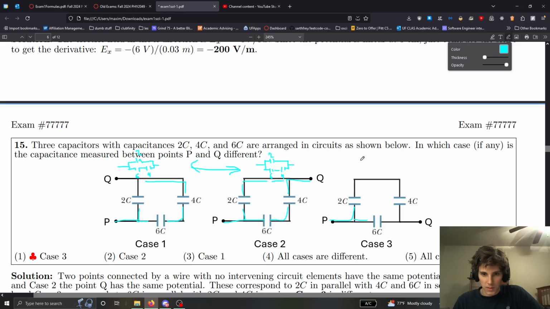Well, it splits into the 2 and 6, and then the 2 leads into the 4 before they merge together. So here, the 6 is alone versus the 2 being alone. So this one's different. It's case 3.